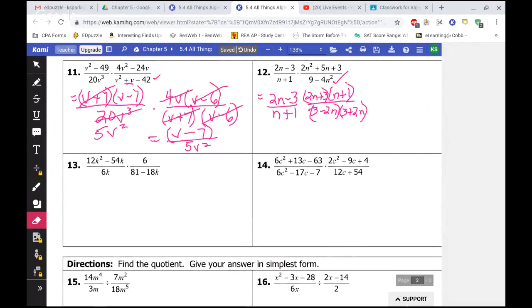Okay, now that we've gotten everything factored, the next step is to look for those things that can cancel either vertically or diagonally. I'll get this right.